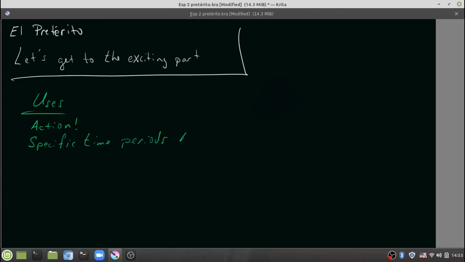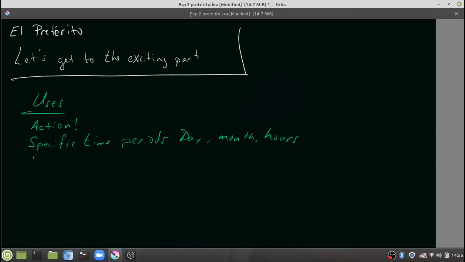So if we're talking about days of the week, months of the year, hours of the day, or even whole years, all in one idea, that's going to be preterite tense. So when you're talking about a specific time period, use the preterite tense.